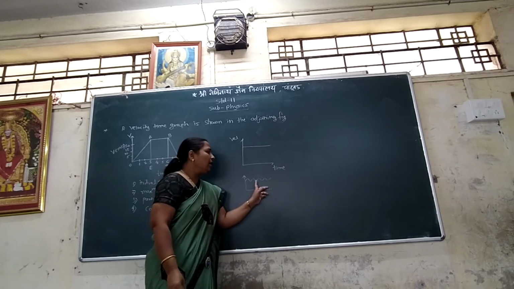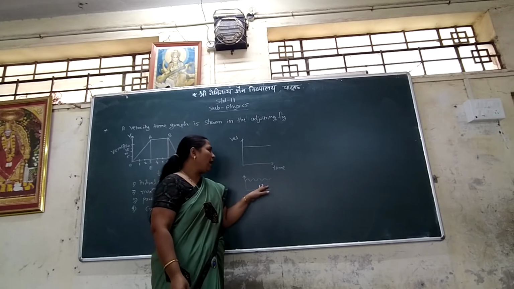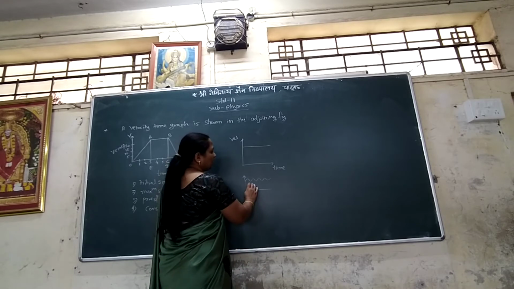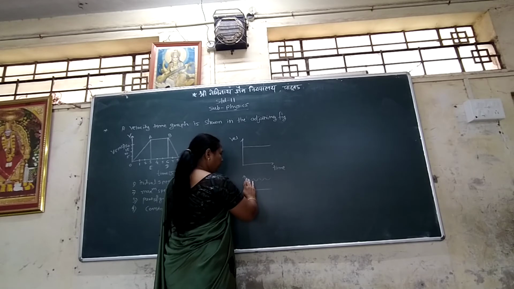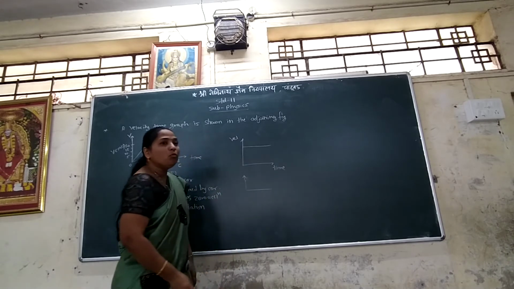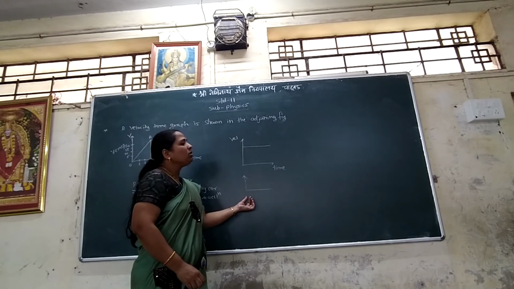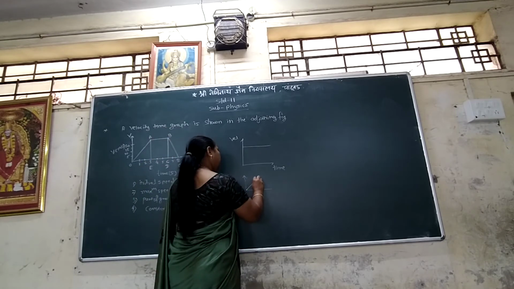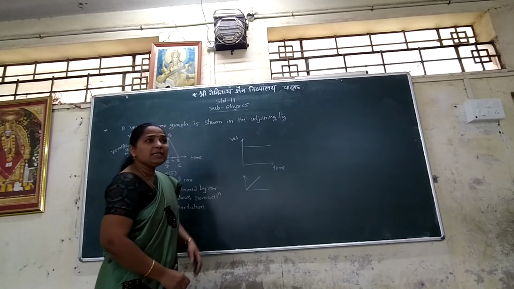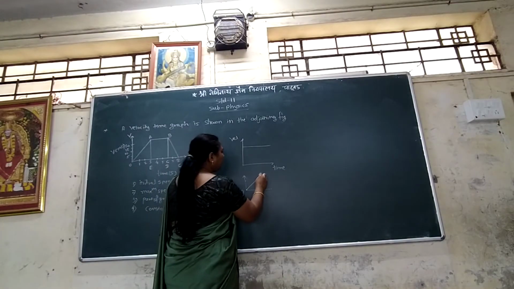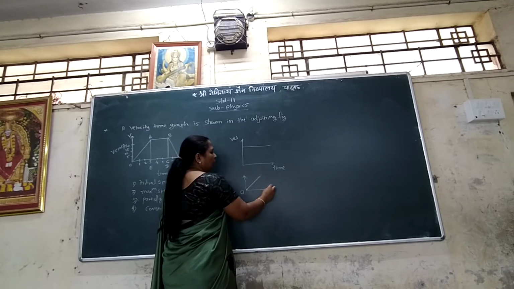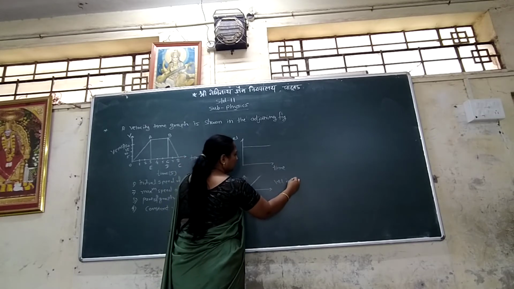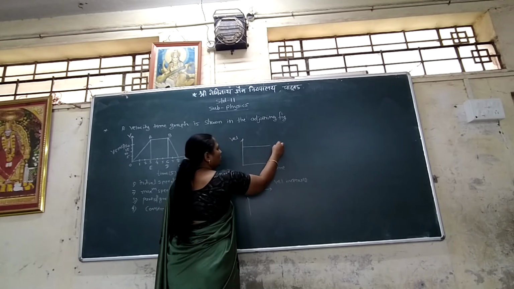Then when the object moves with increasing velocity, its value starts from 0 and increases, and the graph is shown like that. Then there is constant velocity.